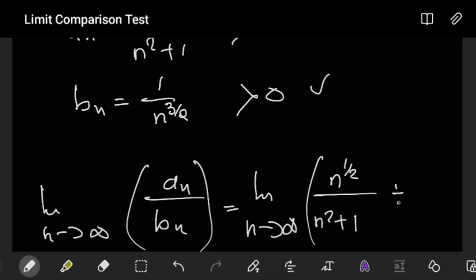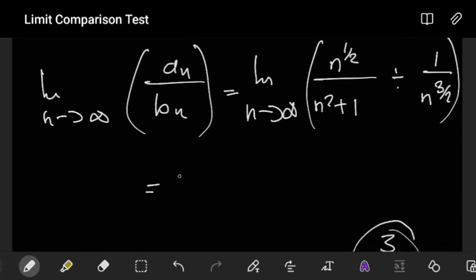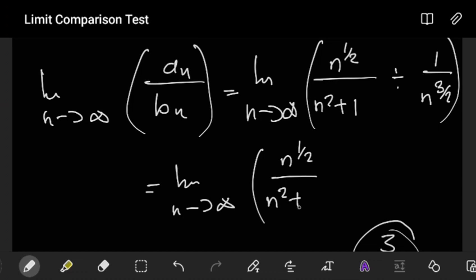Instead of writing the fraction symbol, just use division. And our bn is 1 over n to the power 3 over 2. At this stage, I'll change the division to multiplication. So now I am looking at the limit as n approaches infinity. This becomes n to the power 1 over 2 over n squared plus 1.